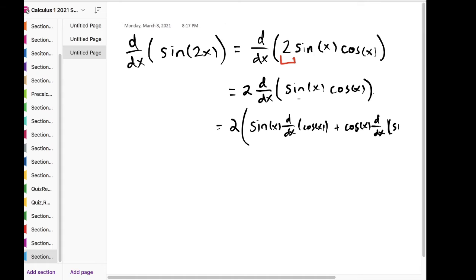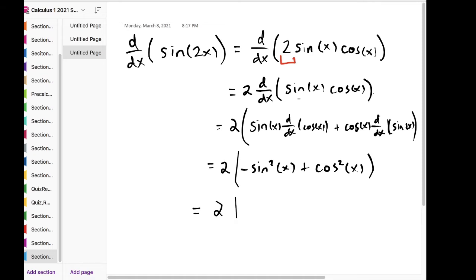Good, negative sine. While we're at it, what's the derivative of sine? Cosine, good. Okay, so what is this expression here? 2 times cosine squared minus sine squared?